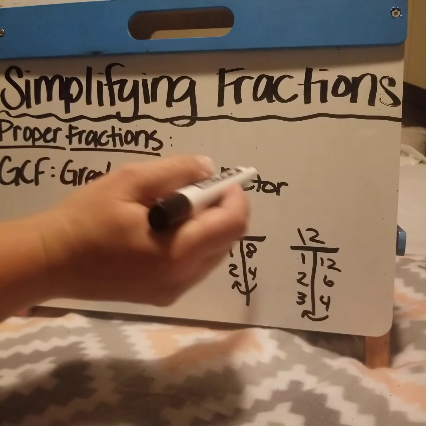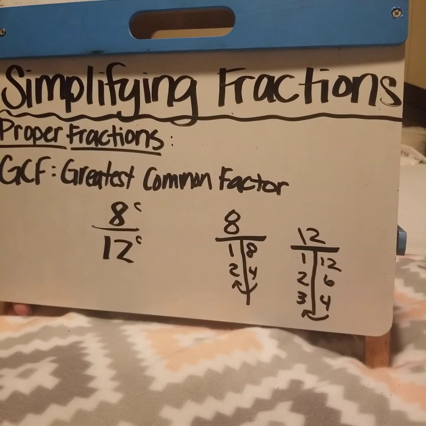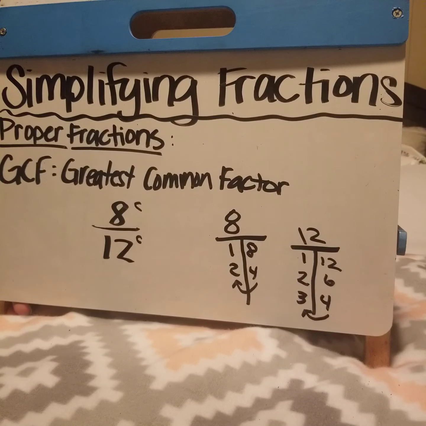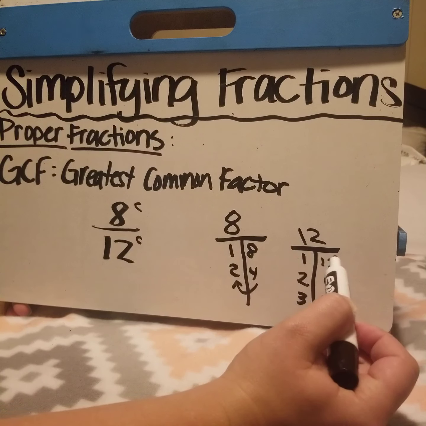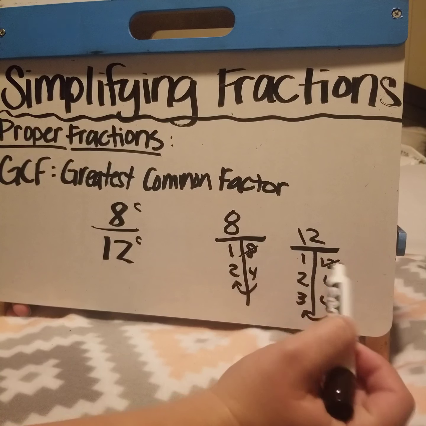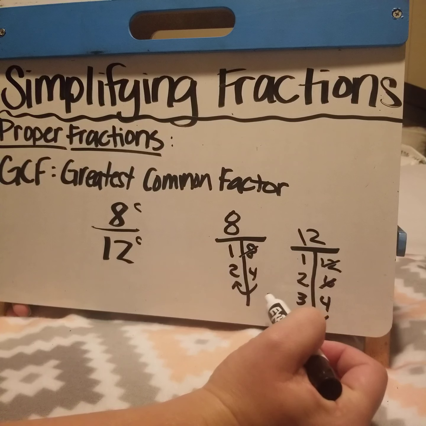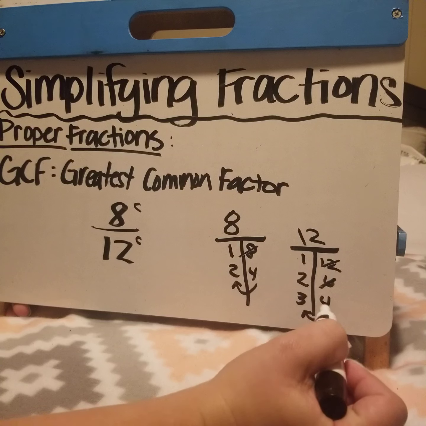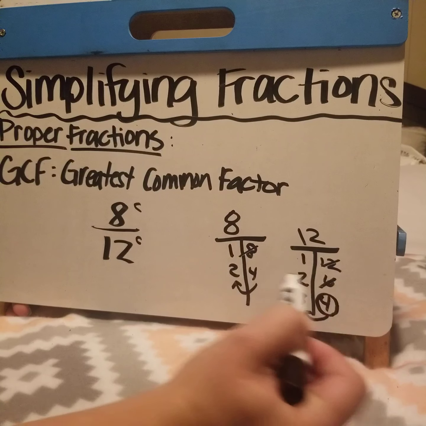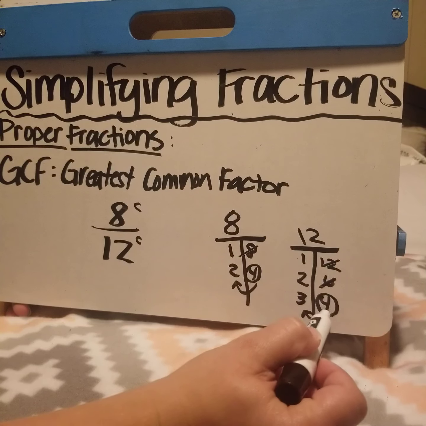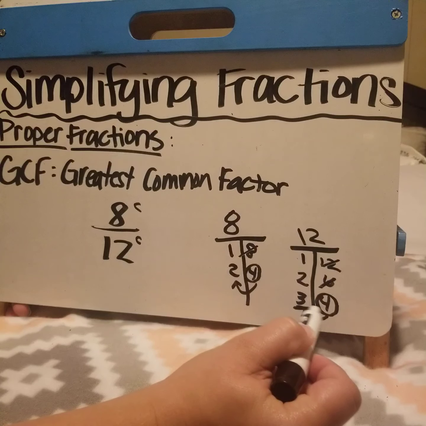So the greatest common factor means I'm looking for the number that is the largest, has the most value, that is common between the two factor trees. So I start at the biggest. I know 12 isn't common, 8's not common, 6 is not common. Now I see 4 on both factor trees. So I'm going to circle my 4 on each, and I'm going to draw a line under the one across from it.